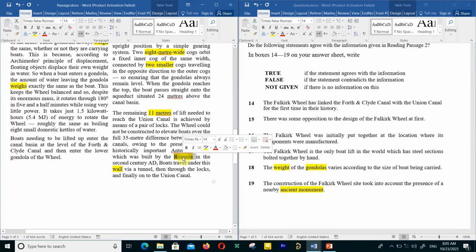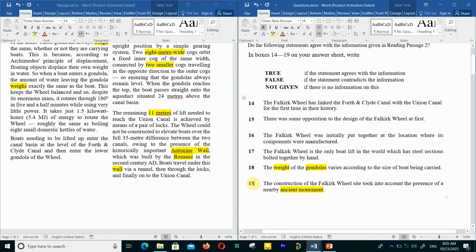I love something like that, to talk about ancient monuments, about the Roman Empire, or here Antonine Wall. These are ancient monuments, so probably here we can find the answer for question 19.